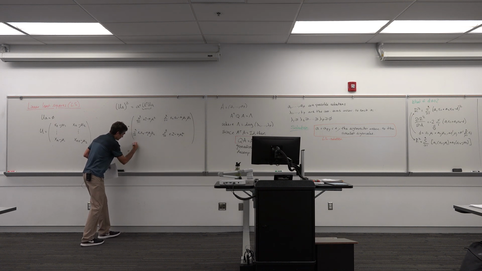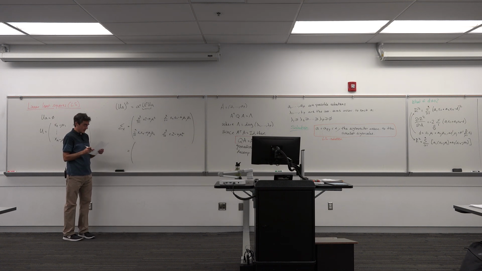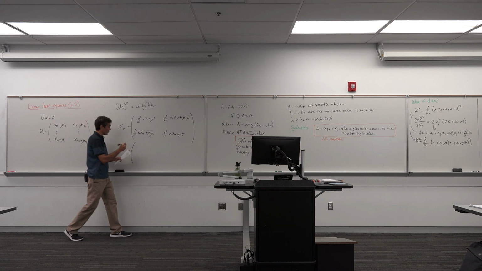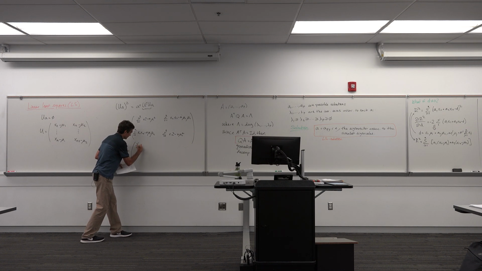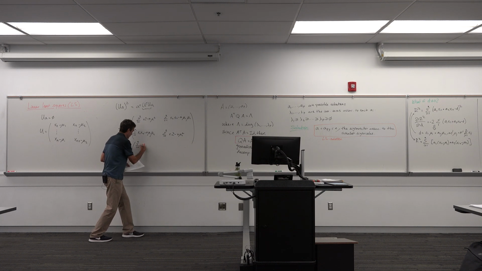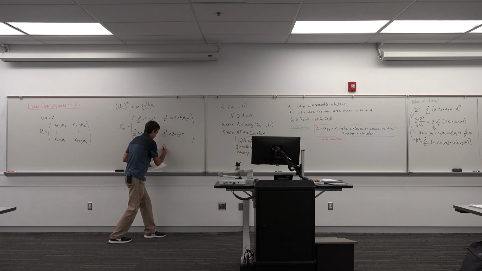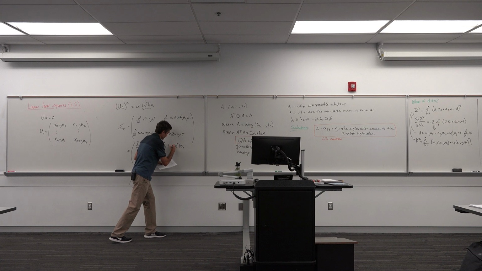You can rewrite this in a more common form, which is the sum from 1 through n of xi1 minus mu1 square, and the sum from 1 through n of xi1 minus mu1 times xi2 minus mu2.